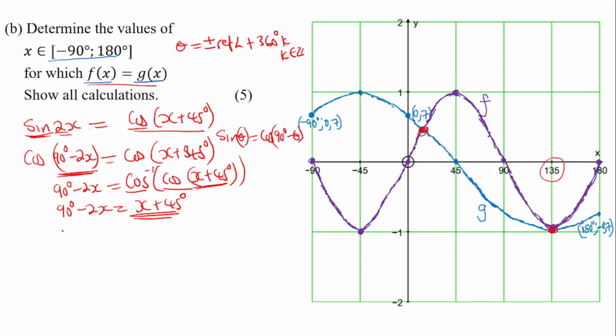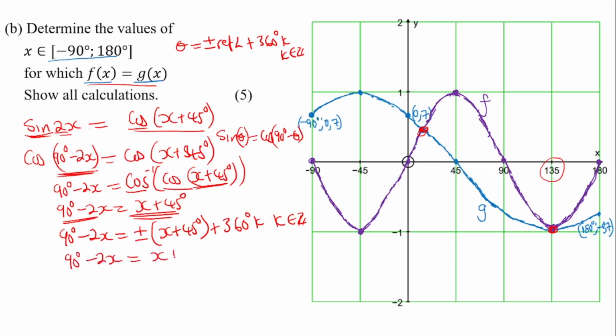It's going to be this as the subject: 90 degrees minus 2x is equal to positive or negative our reference angle, x plus 45 degrees, plus 360 degrees times k, where k is an integer. Let's start with the positive one. So it's going to be 90 degrees minus 2x is equal to x plus 45 degrees, plus 360 times k. We know that k should be an integer.